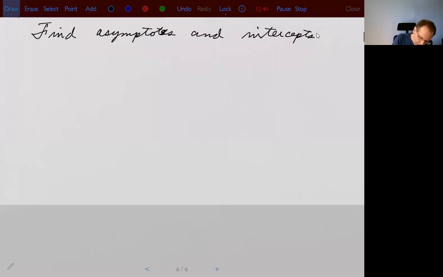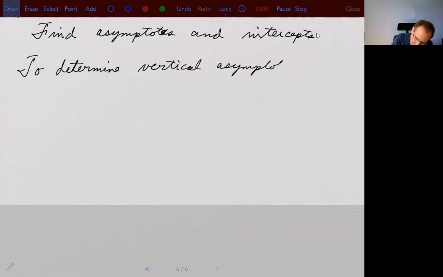For rational functions, to determine vertical asymptotes, we determine where the function is undefined.